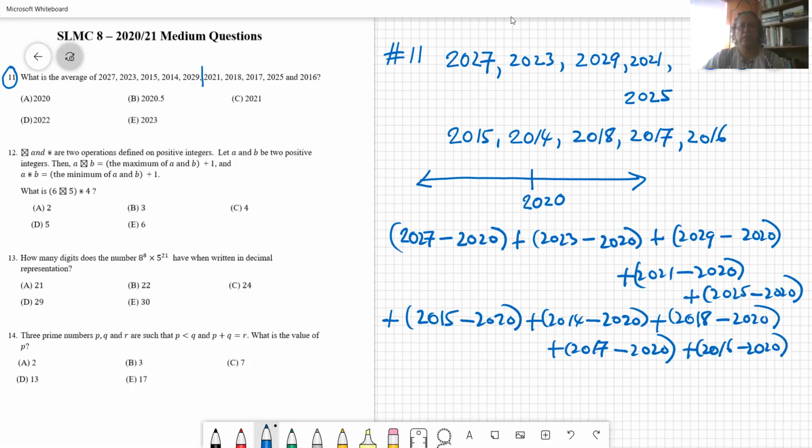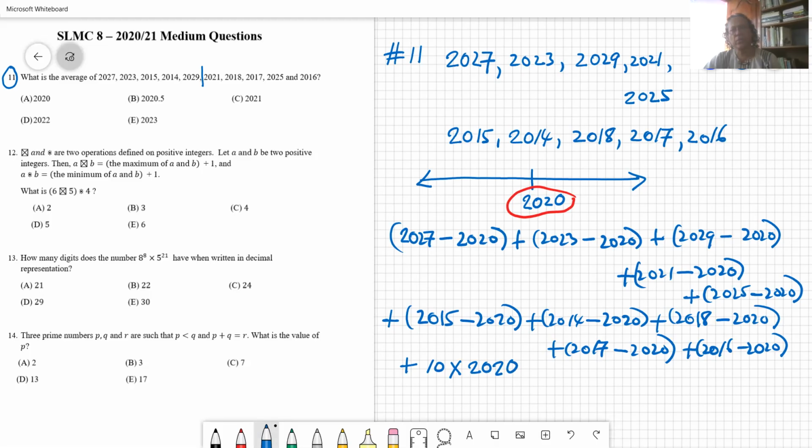Now we were supposed to find the sum of the numbers. What we are doing is finding the differences of the given numbers from this number 2020, the deviations. Now for this to be equal to the sum, we need to add 2020 10 times, because we subtracted 2020 10 times.